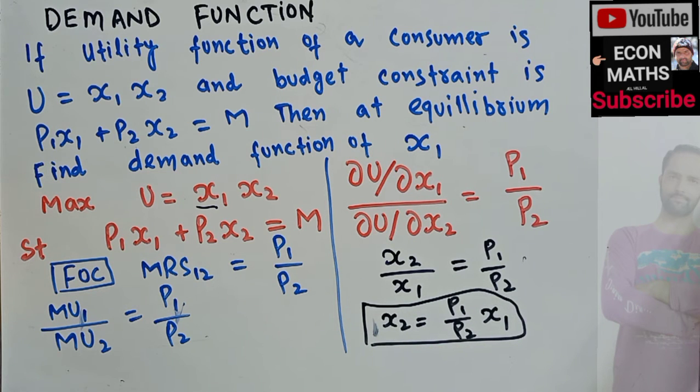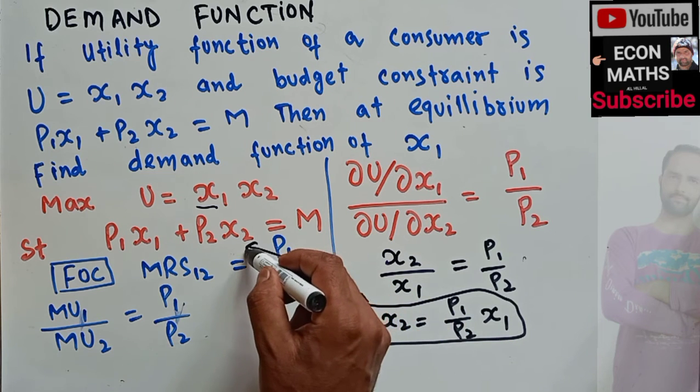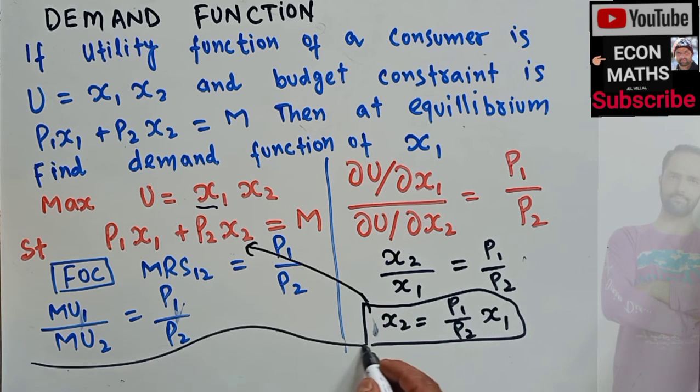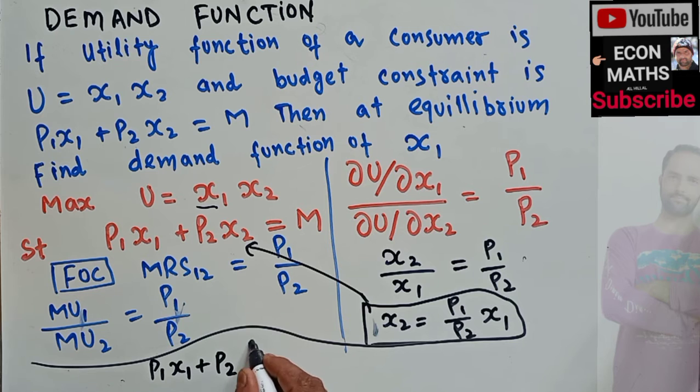But we need to find the demand function. How do we find the demand function for good x1? We simply plug the value of x2 back into the budget equation. So we have p1 x1 plus p2 times, in place of x2, p1 upon p2 x1, which should be equal to total income.